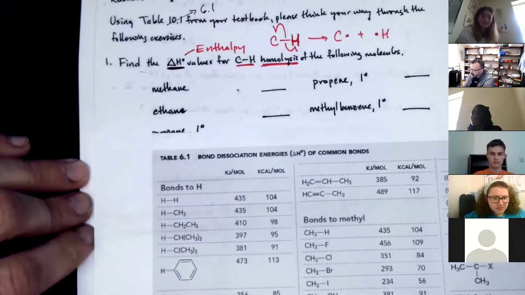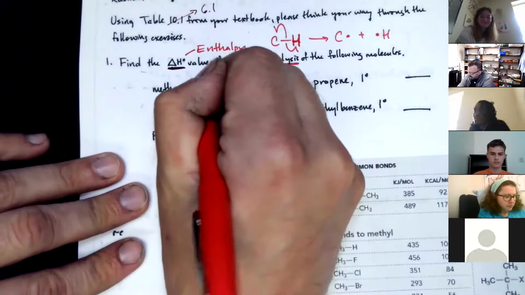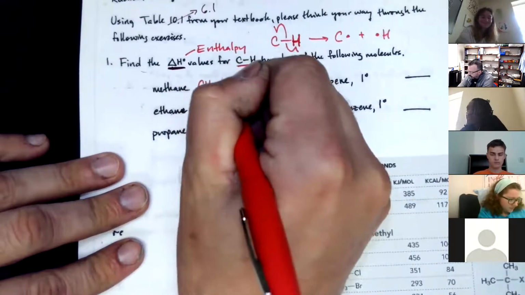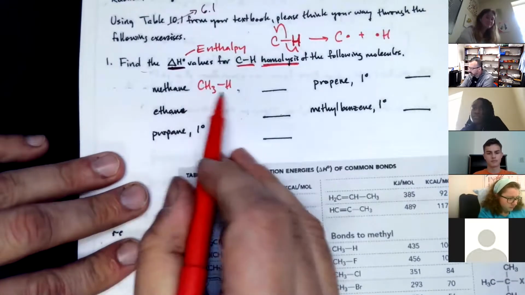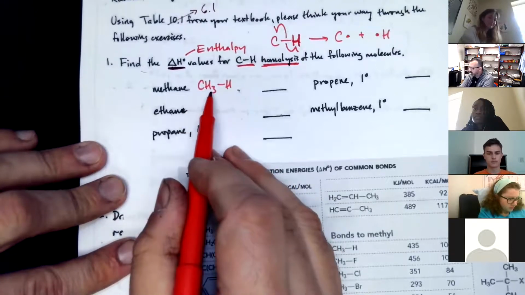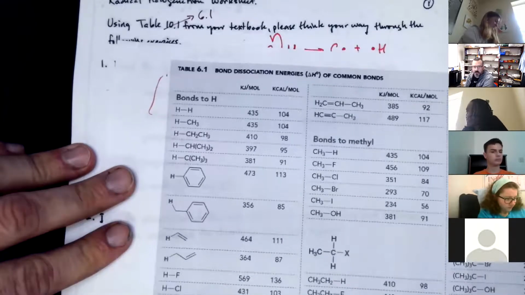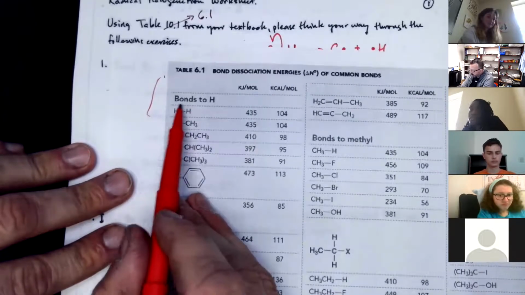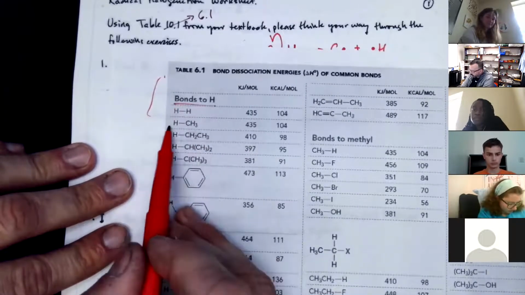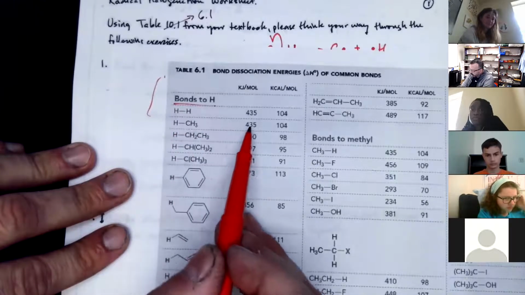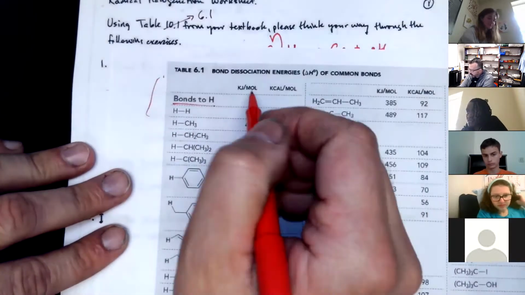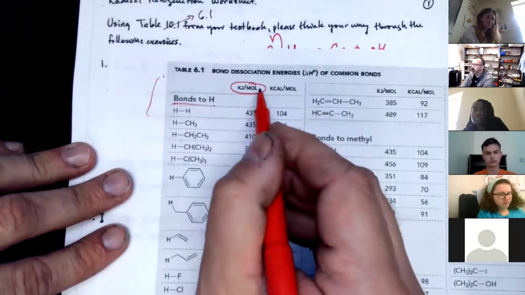So the first one, methane, CH3H. Remember we said there's only one type of CH bond in methane. We go over to our table, bonds to H. There it is. Now, I really want you guys to only consider kilojoules per mole.